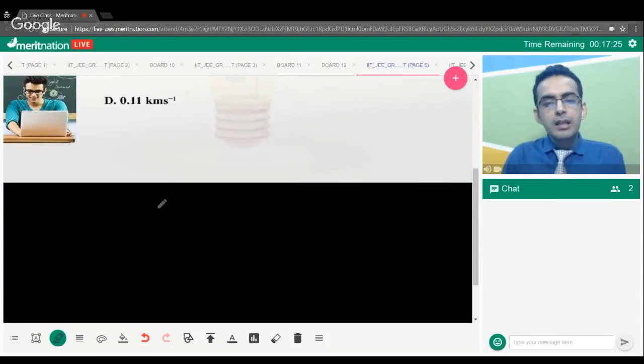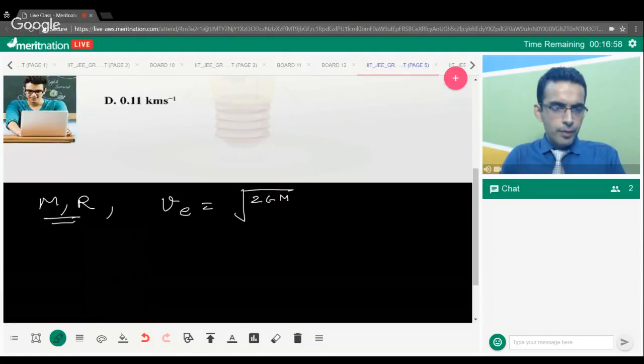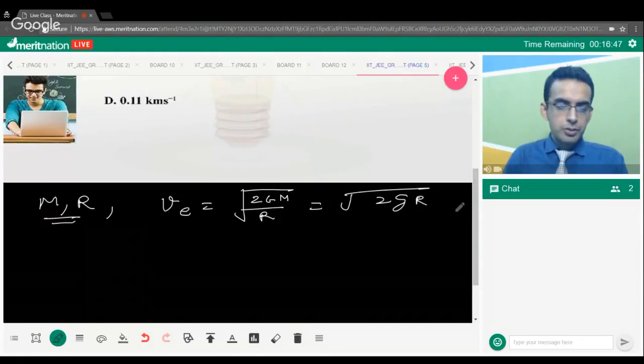Its formula is given as, for a planet whose mass is capital M and radius is capital R, the escape speed is under root of 2GM by R, or it's equal to root 2gR, where small g is the acceleration due to gravity.